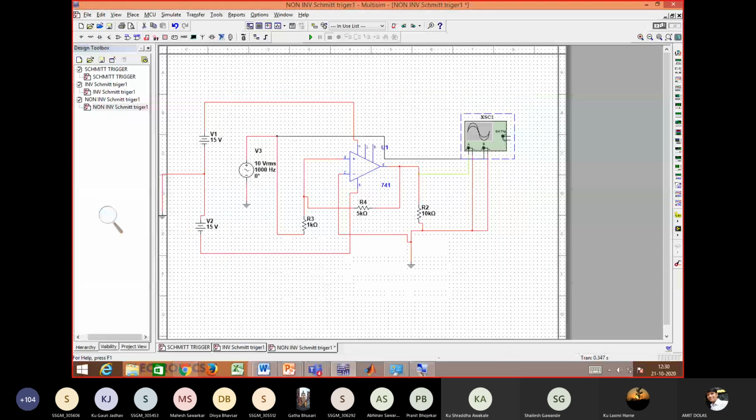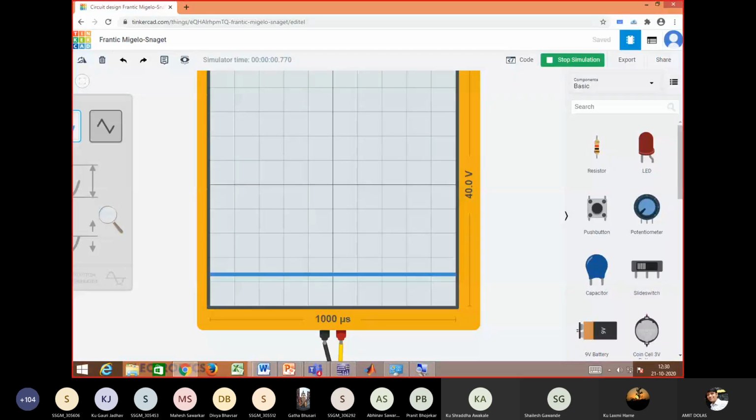Now here is another practical, that is the inverting summing amplifier. So we'll see that on Tinkercad.